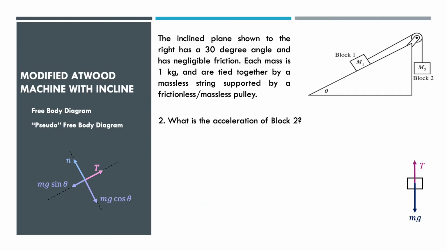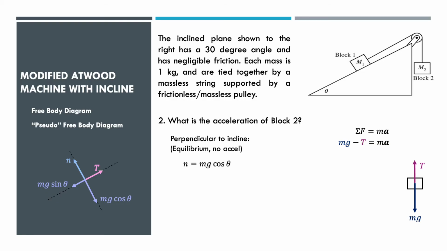Now that I have drawn my pseudo free body diagram and my other free body diagram, I can now start to approach the question. For the diagram on the right, I'm going to use Newton's second law, because it's an unbalanced force. I need to see the difference in forces and set that equal to ma. Over there on the left on the pseudo free body diagram, for the axis that is perpendicular to the incline, I'm going to utilize Newton's first law, the law of equilibrium.